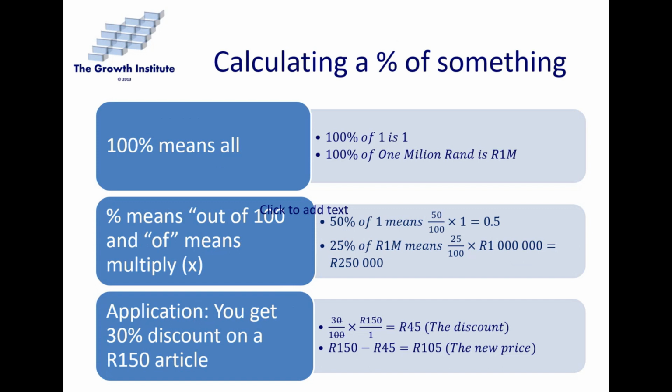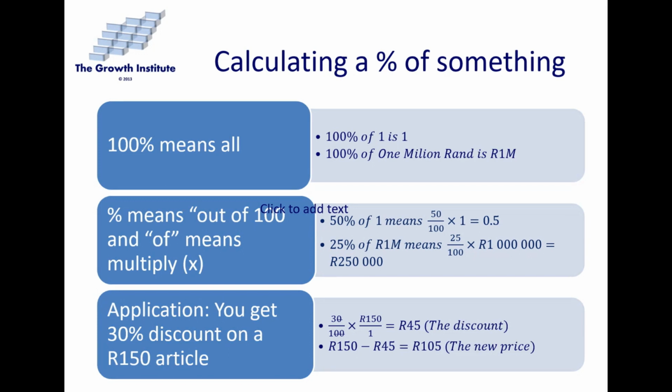Now we sit here with the idea of how it looks if we have to calculate a percentage of something. 100% means all. If you give 100%, you are giving your all. If somebody claims that you are able to give more than 100%, they lie.